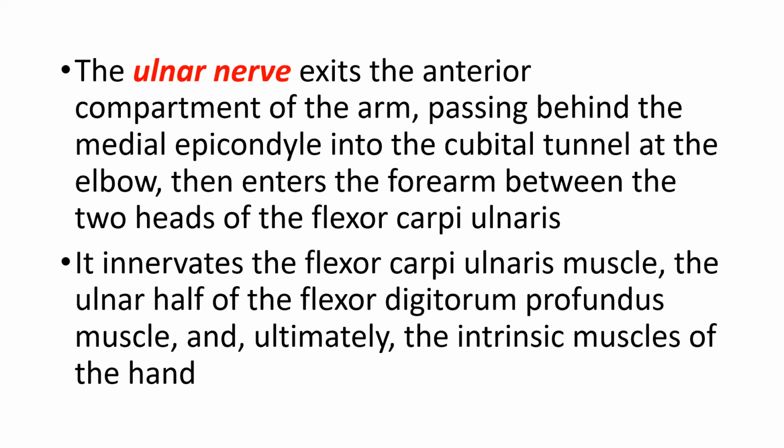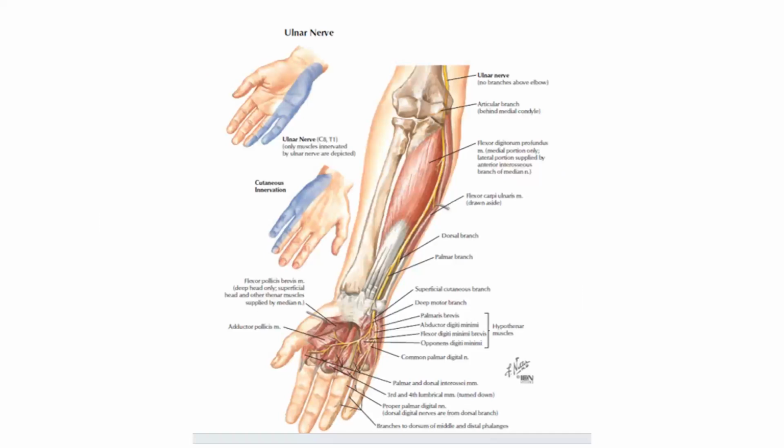It innervates the flexor carpi ulnaris muscle, the ulnar half of the flexor digitorum profundus muscle, and ultimately the intrinsic muscles of the hand, like the interossei and the hypothenar muscles. This shows you that the ulnar nerve provides sensation to the medial 1.5 fingers, the small finger and half of the ring finger.